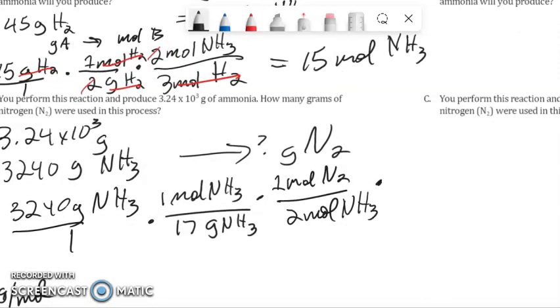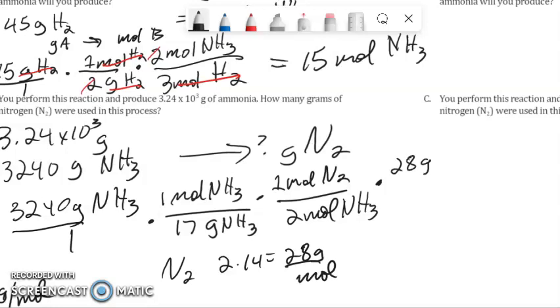And lastly, we want to multiply this by the molar mass of nitrogen. So nitrogen is going to be 2 times 14, which is 28 grams per mole. So we multiply that by 28 grams of nitrogen over 1 mole of nitrogen. Okay, let's see if everything cancels out.